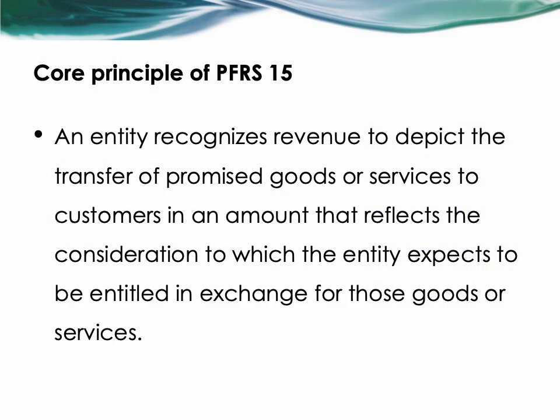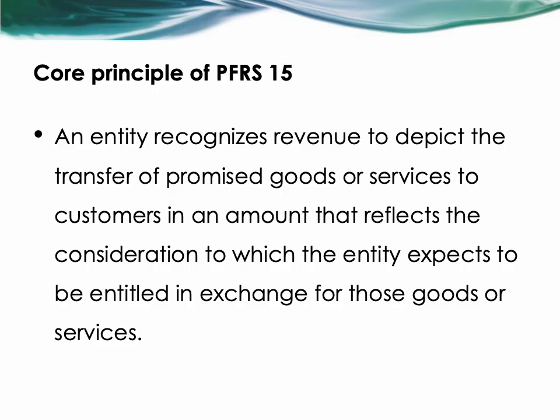Before we discuss the special method, let's quickly recall the core principle of PFRS 15. The core principle states that an entity recognizes revenue to depict the transfer of promised goods or services to customers. The amount recognized should reflect the consideration the entity expects to be entitled to.